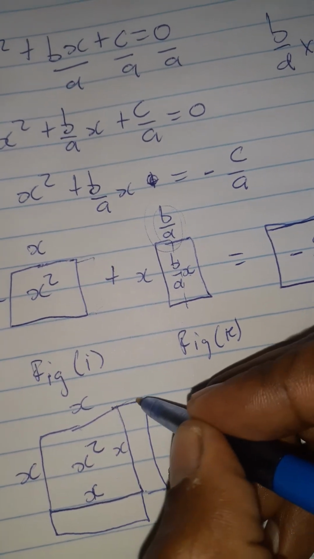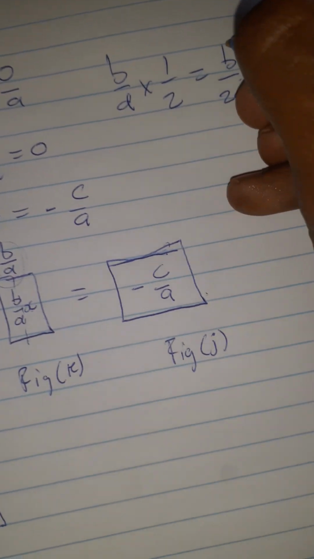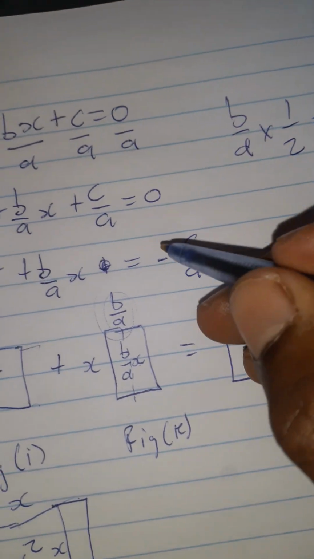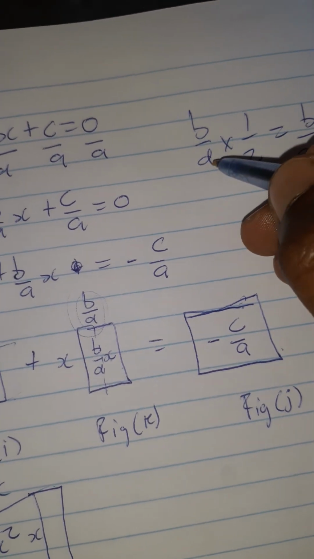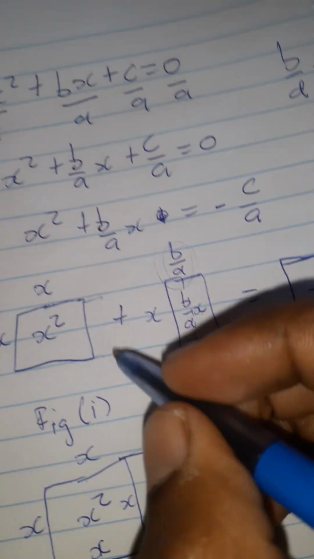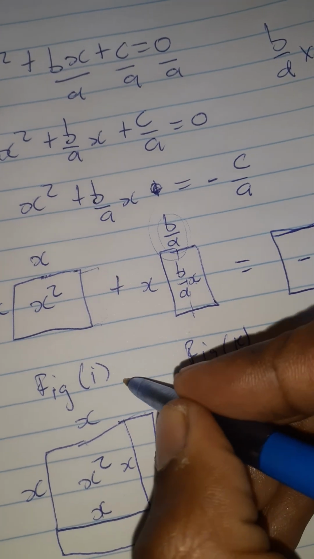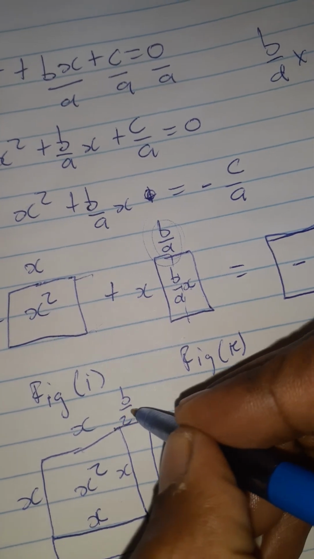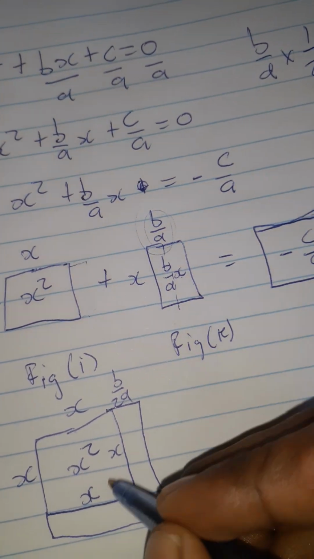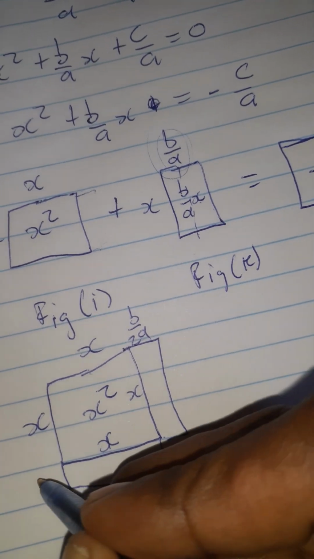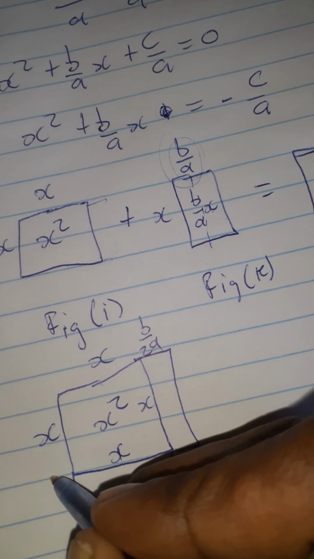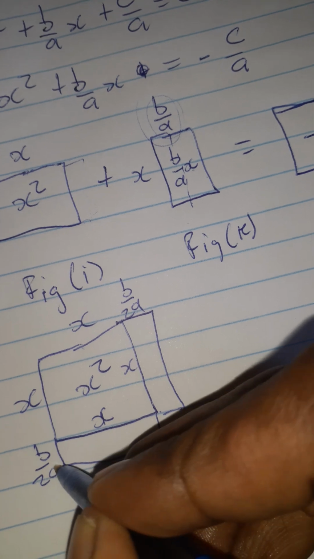And then here, our breadth has changed to half of the coefficient of x, which is b all over a. The half of it is going to be b all over 2a. Now we label the breadth b all over 2a, since it's the half of the rectangle that we started with. So another half is going to be b all over 2a.